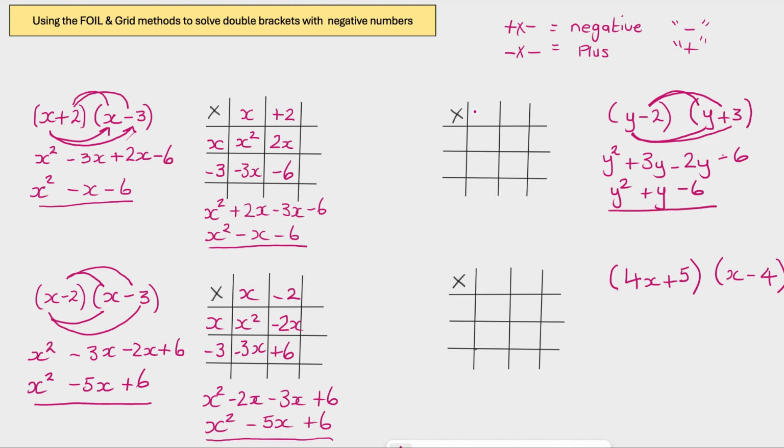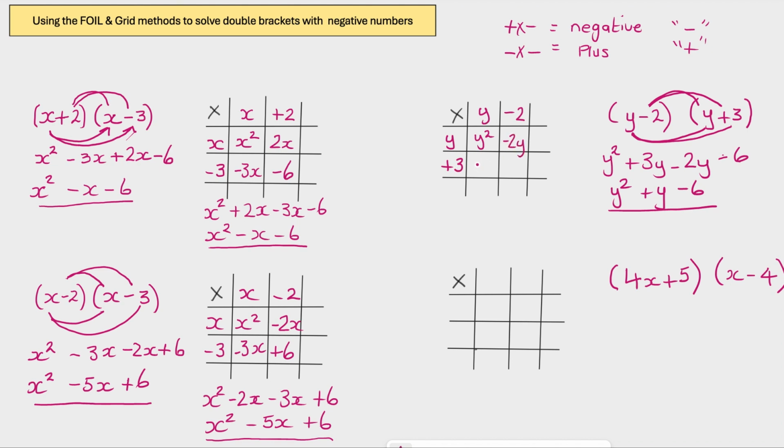Now over to here. First bracket, y minus 2. Second bracket, y plus 3. Y times y is y squared. Y times minus 2 is minus 2y.